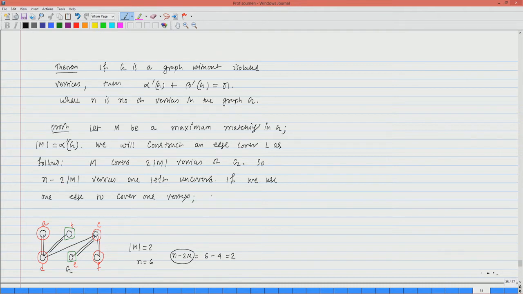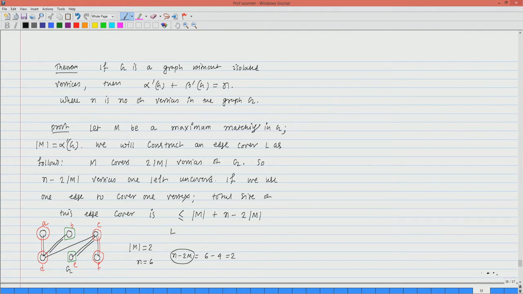Then the total size of this edge cover is less than or equal to m, that is these two edges, plus n minus 2m edges for the n minus 2m uncovered vertices.